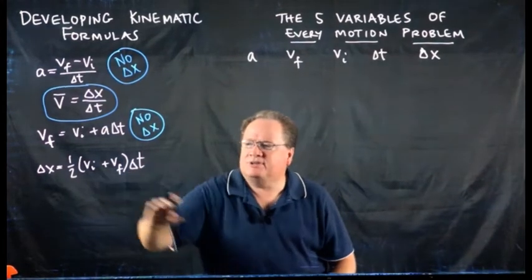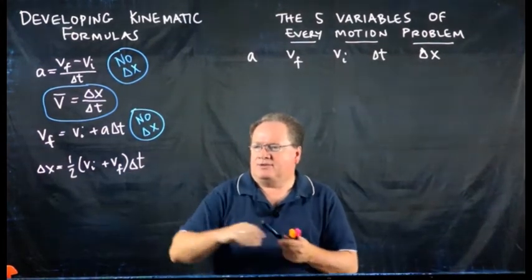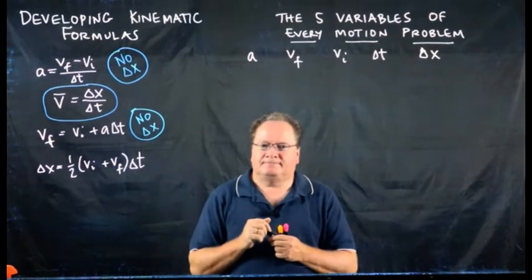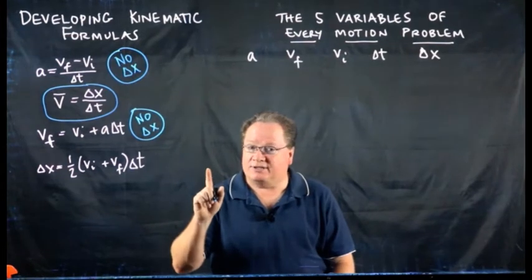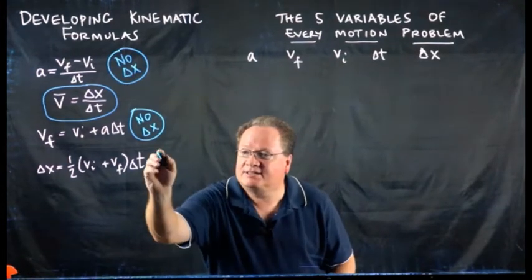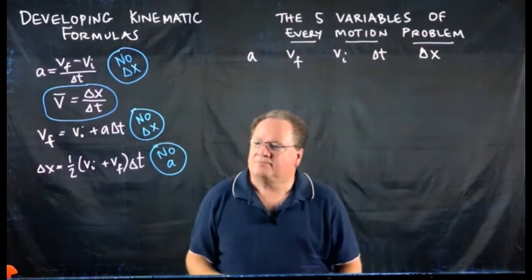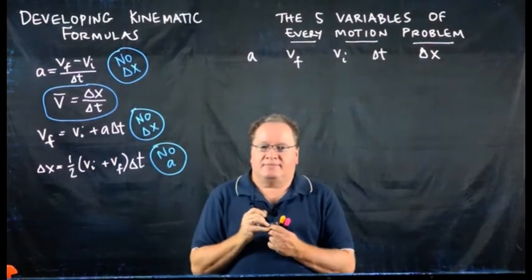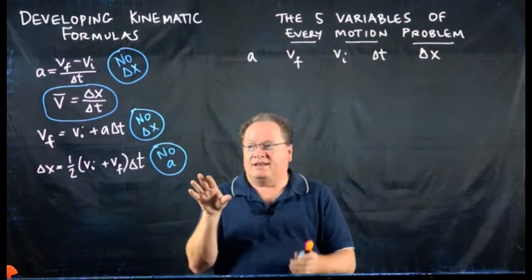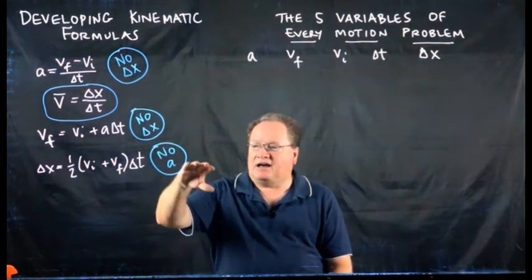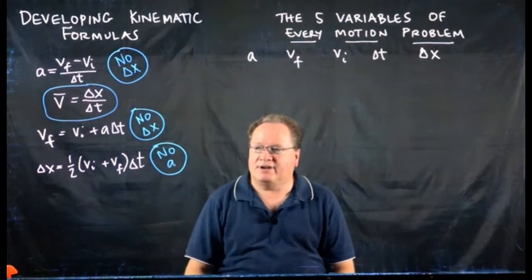How about this one? What's missing out of this one? The one that we just did. What's missing here? If you look at it closely, the one thing that is missing is there's no acceleration. Acceleration's not in there. So what we did when we developed that formula is we basically got rid of acceleration.